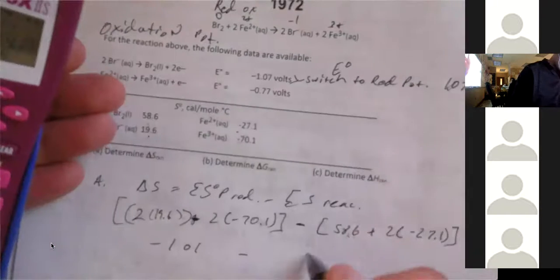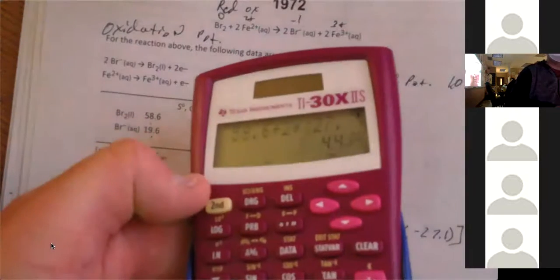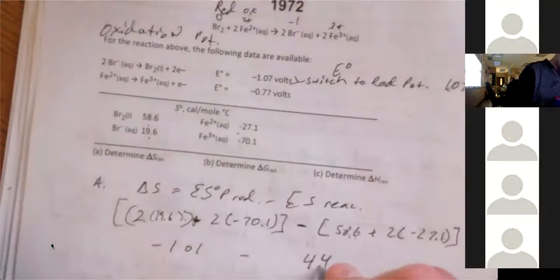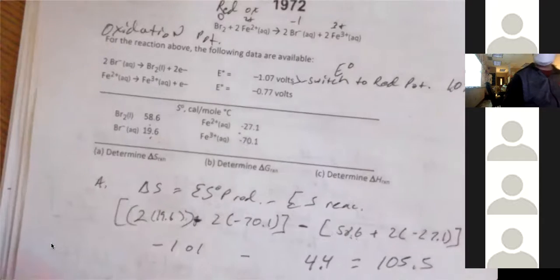We get 4.4. Oh, I'm sorry, it's not 44, it's 4.4. So 101 minus 4.4, that's going to be 105.5, right?